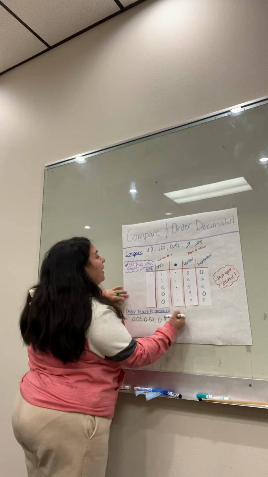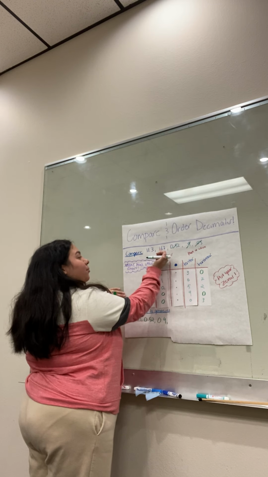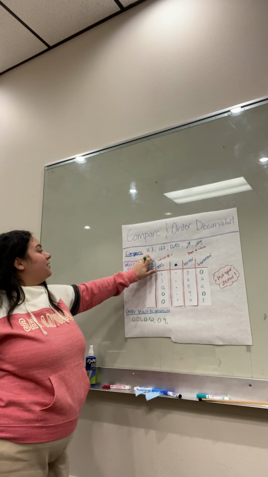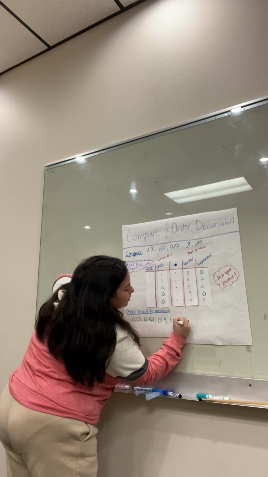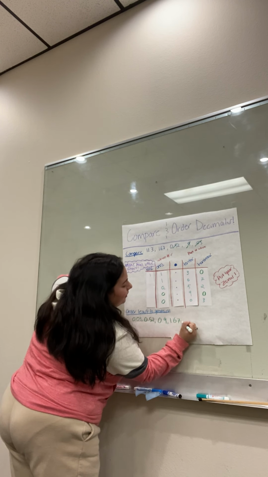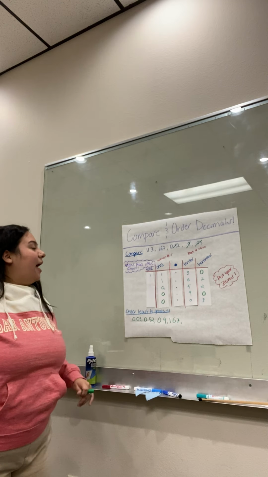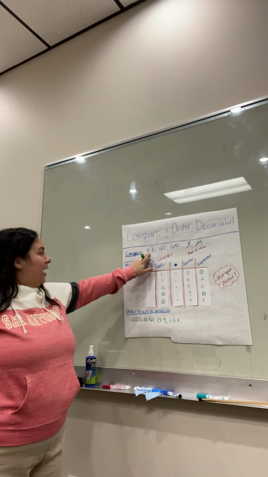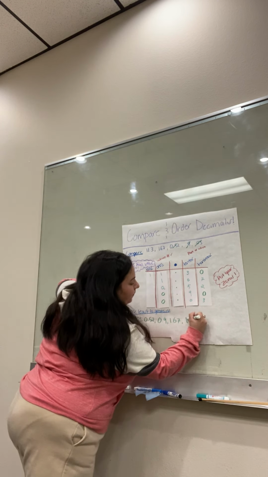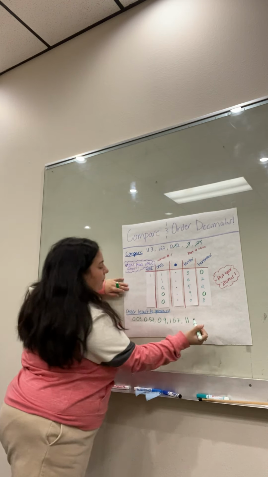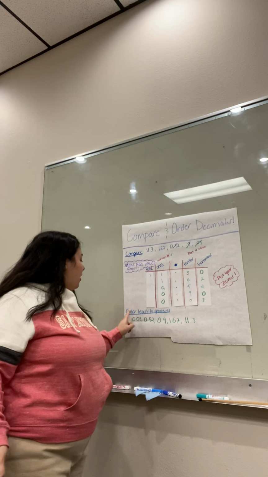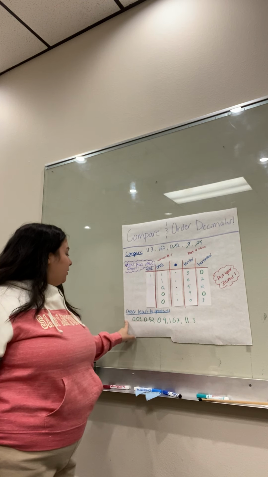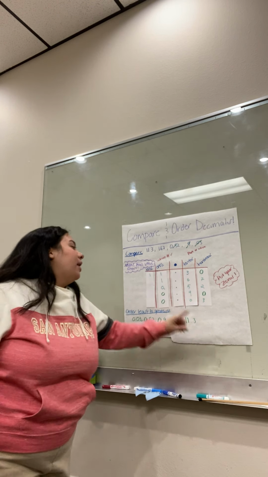So we're going to go ahead and add the 1.67 because that is less than 11.3. 1.67. And then we're going to have our last number, 11.3. And this is how it looks from least to greatest.